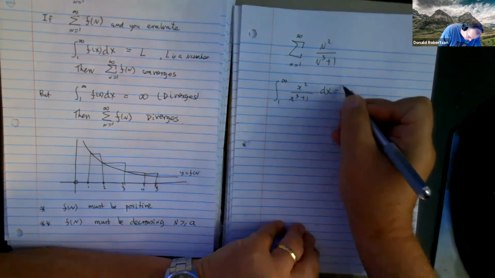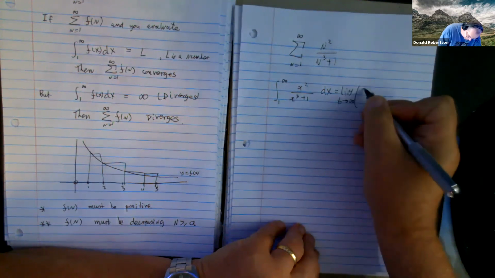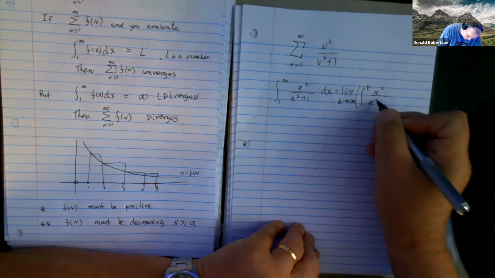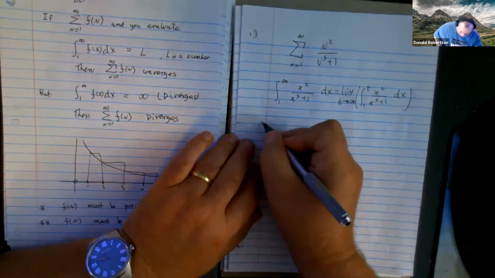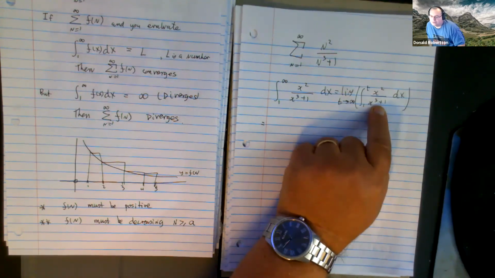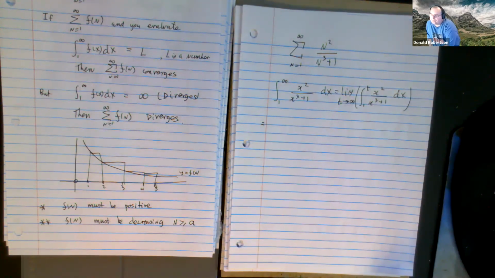That's going to be the limit as t tends to infinity, or whatever letter you choose, of this guy. Okay, what algebraic method am I going to use to integrate x squared over x cubed plus 1?